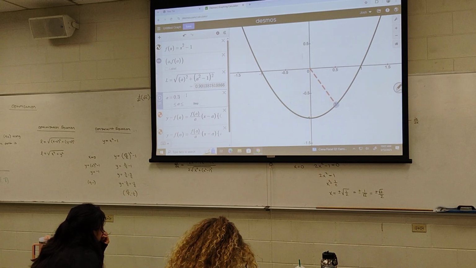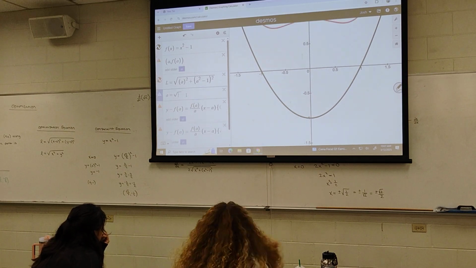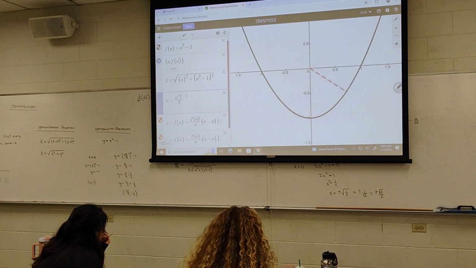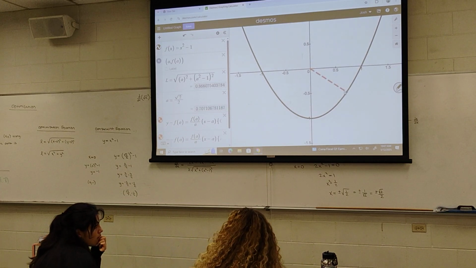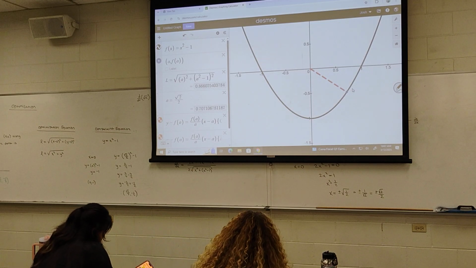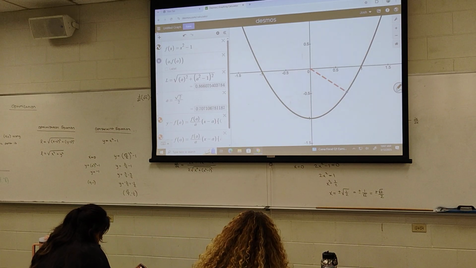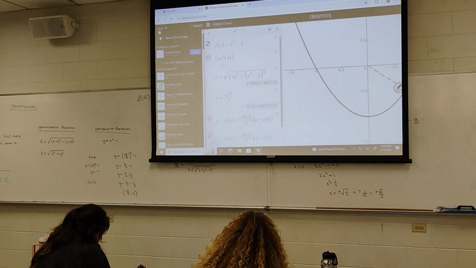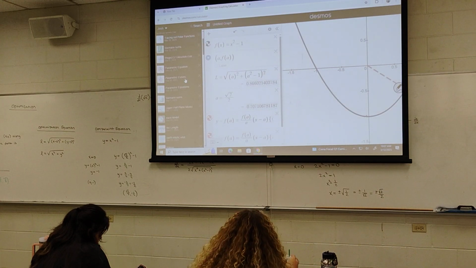And if we type in exactly square root of 2 over 2, this is the minimum distance. We are now going to extend this to Calc 3, but first I'll show you one more.